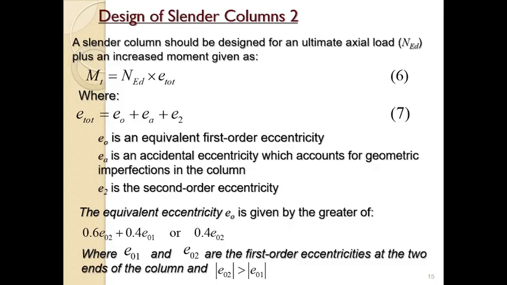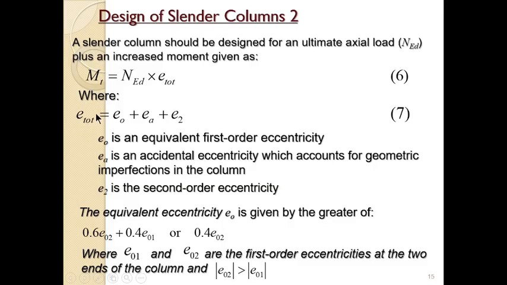So a slender column should be designed for an ultimate axial load NEd plus an increased moment. The increased moment is given by this equation 6, which is MT. MT is NEd times e total. This is the applied design load on the column. e total is the applied eccentricity or total eccentricity.